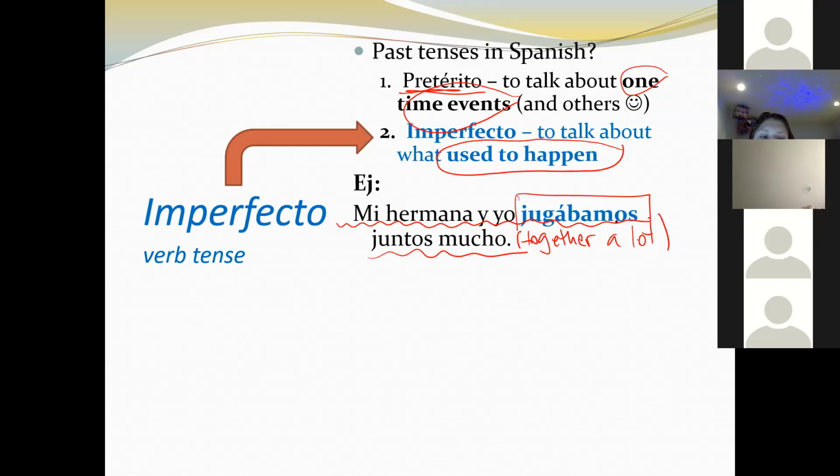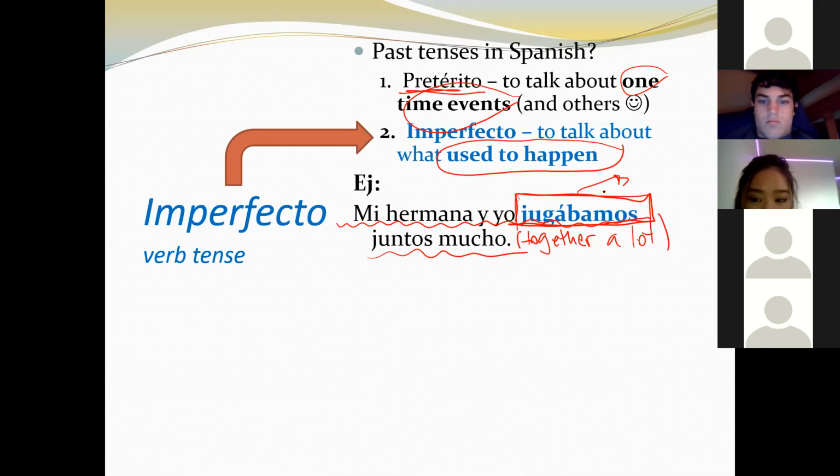Yes, it is jugábamos. And that is the imperfect of what verb? What's the infinitive, you think, Caitlin? Meaning, what's the verb that is not conjugated? If you have the verb jugábamos, that's imperfect. What is the verb that is not conjugated for jugábamos?